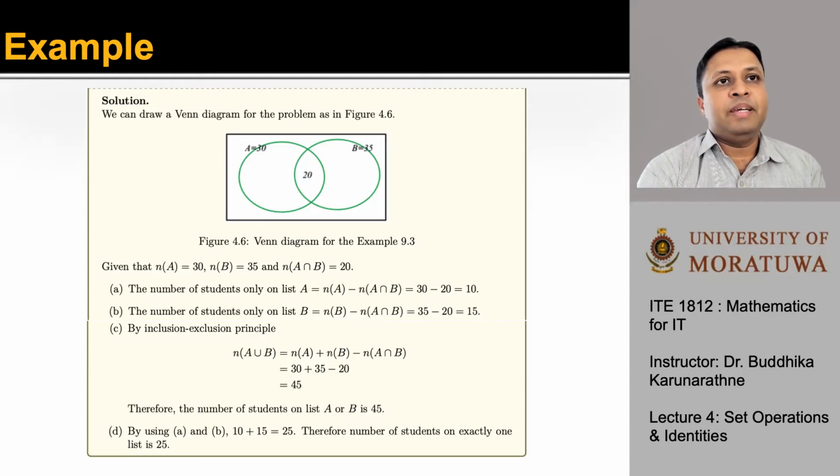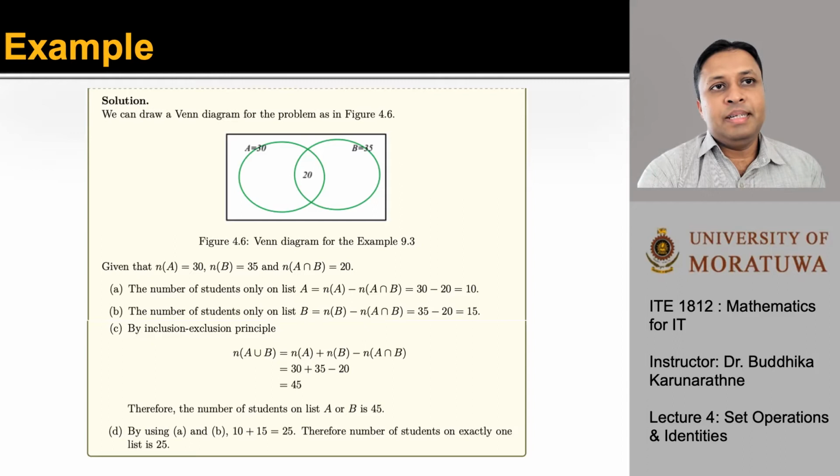We have the number of elements of the union set equal to n(A) plus n(B) minus n(A intersection B). So we get 30 plus 35 minus 20, which is equal to 45. Therefore, the number of students on list A or B is 45. That is calculated using the inclusion-exclusion principle.